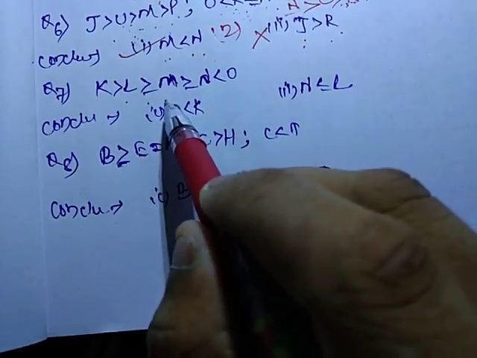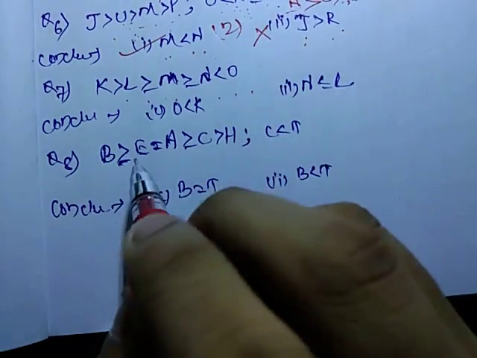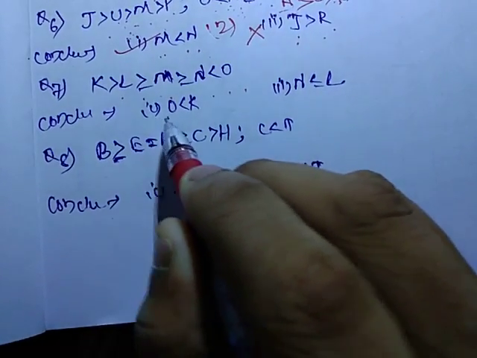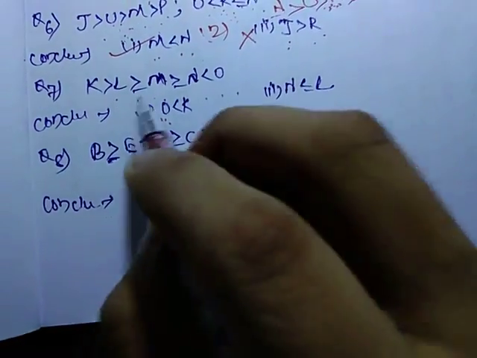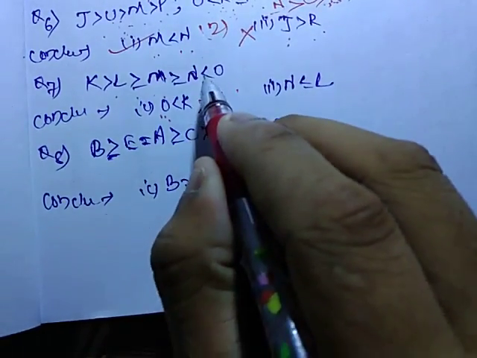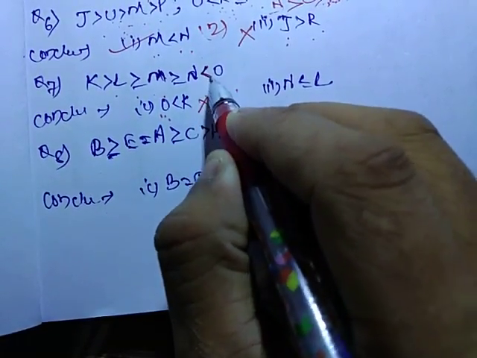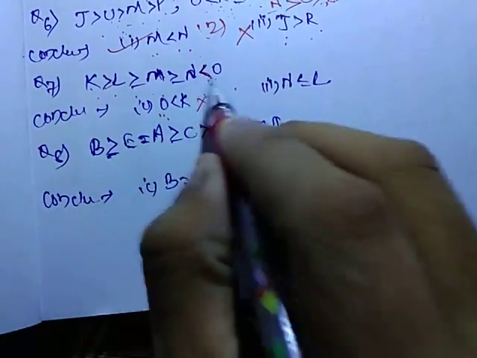2. Next, k is greater than l, greater than or equal to m, greater than or equal to n, is less than o. And I have to determine whether o is greater than k, or n is less than or equal to l, is true or false. O is greater than k is obviously false, because given this sign and this sign, the opposite signs are present between the two related variables.